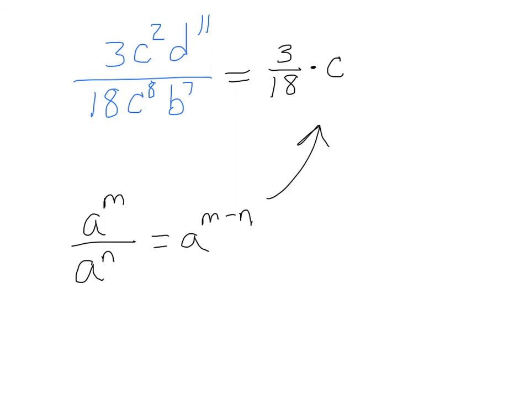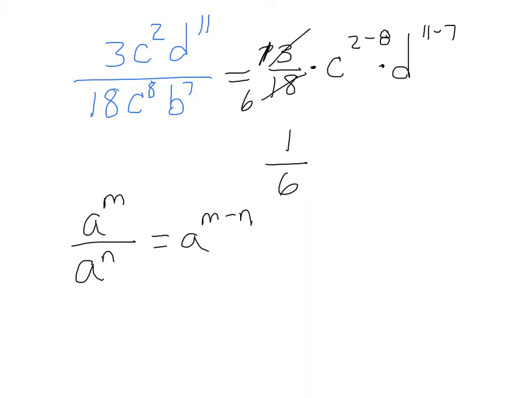So up here when you talk about c, you can say 2 minus 8. When you talk about d, you can say 11 minus 7. Okay, we're on our way here. For the number part of things, when you divide these two ideas, you can divide each of them by a 3, and you're left with 1 on top and a 6 on the bottom. So this is really 1/6.